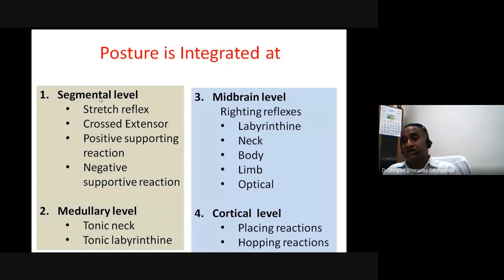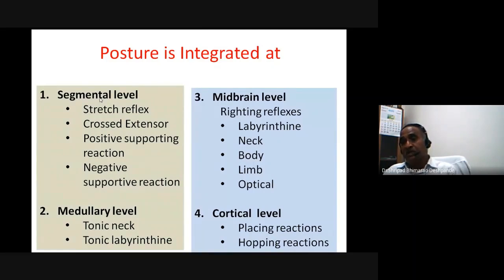the saccules and utricles, which are part of the vestibular system, respond to gravity. The hair cells have otoconia, the calcium crystals, which stimulate the hair cells and generate the tonic labyrinthine reflexes.